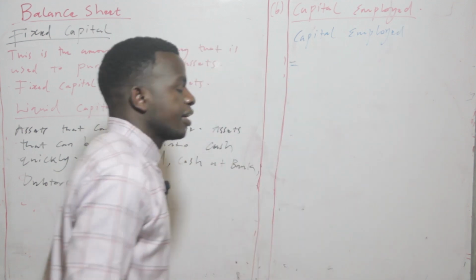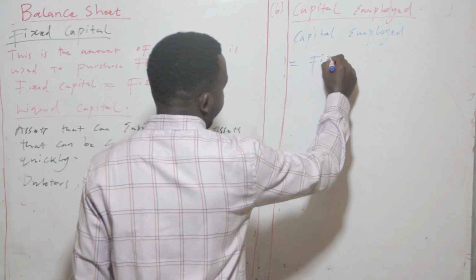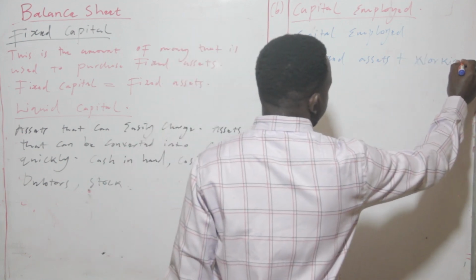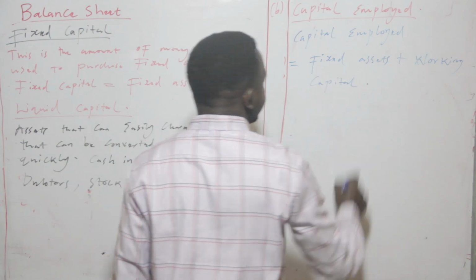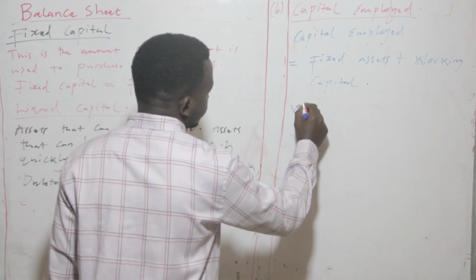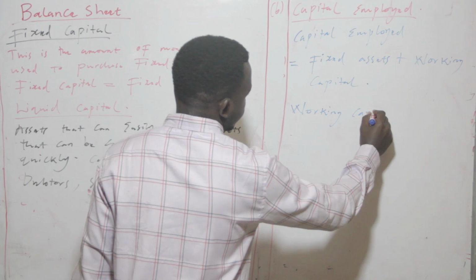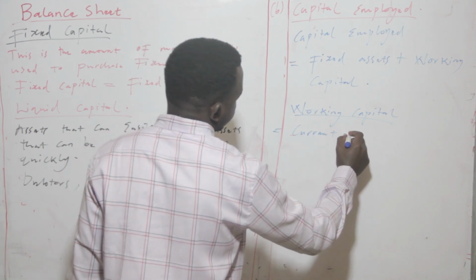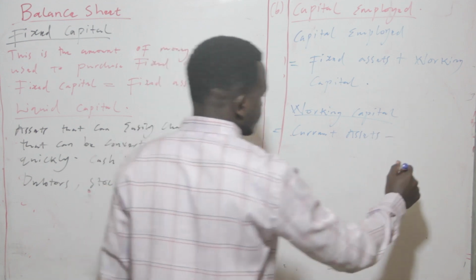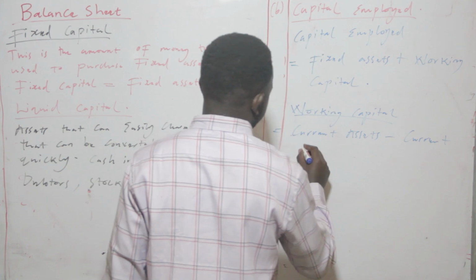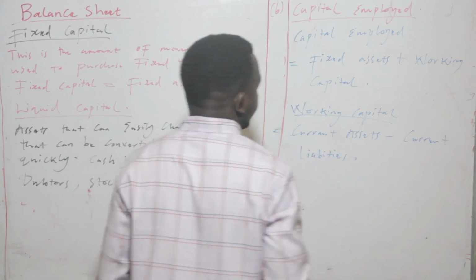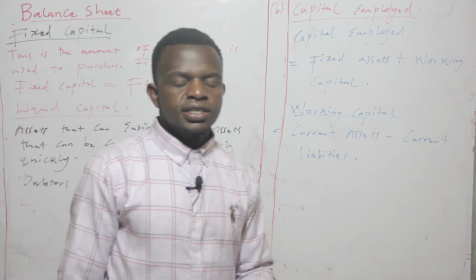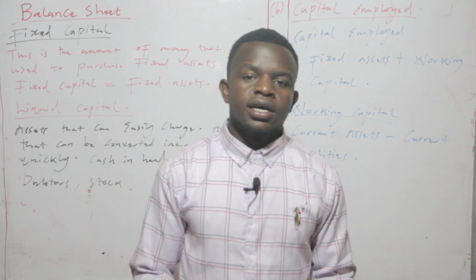The formula that we use for finding capital employed, we say fixed assets plus working capital, and we know that working capital is equal to current assets minus current liabilities.